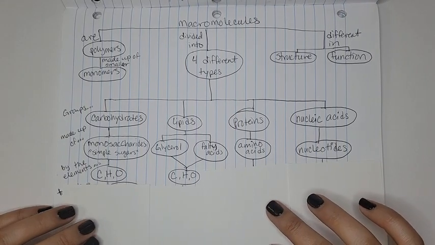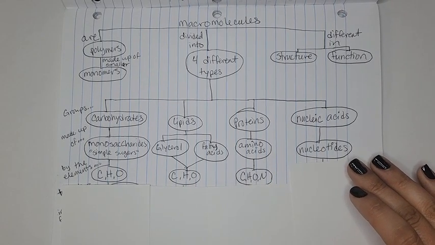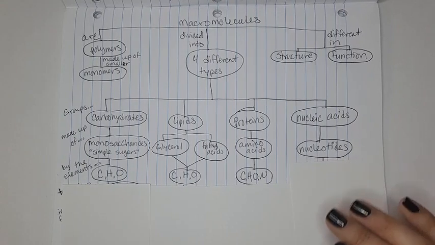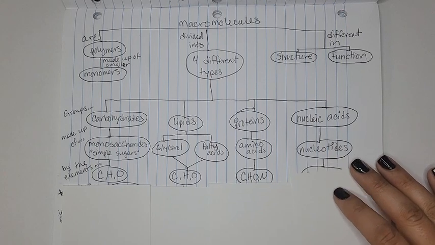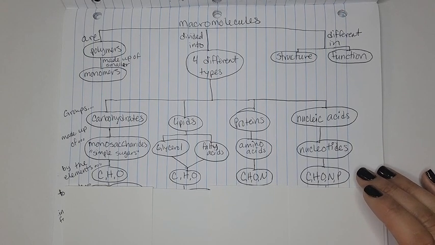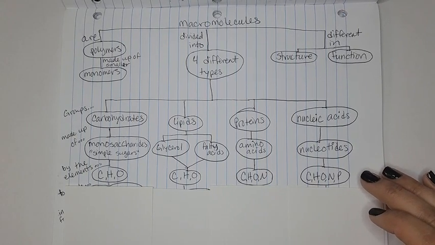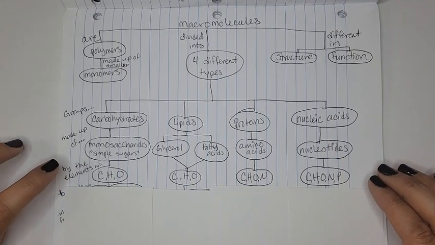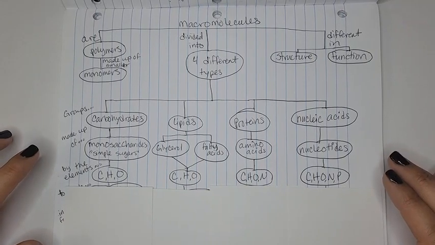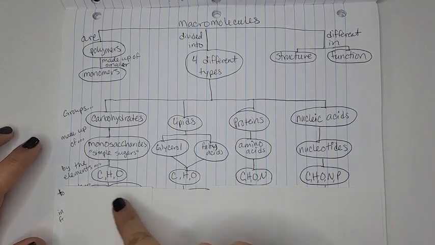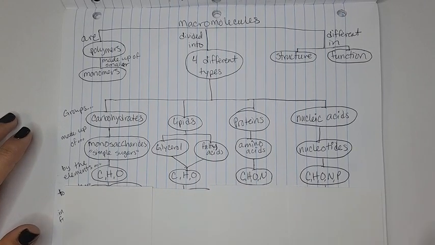Proteins also consist of carbon, hydrogen, oxygen, and nitrogen to make their monomers and polymers. And nucleic acids consist of carbon, hydrogen, oxygen, nitrogen, and phosphorus. These are all organic molecules, macromolecules, so very large in molecular scale. And they all, you'll see, have carbon, and a lot of them also have hydrogen.